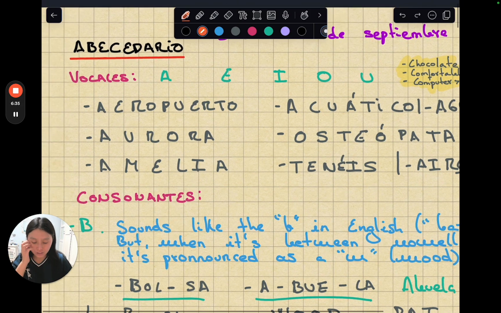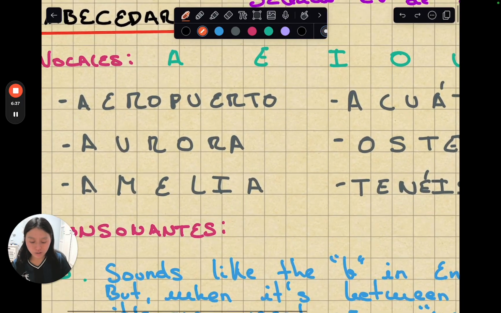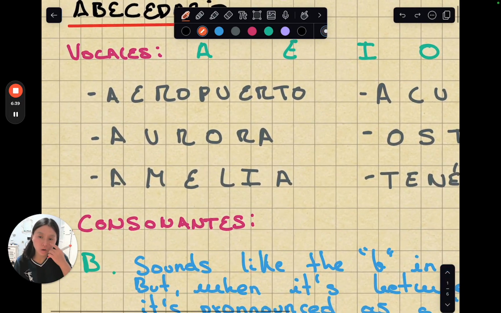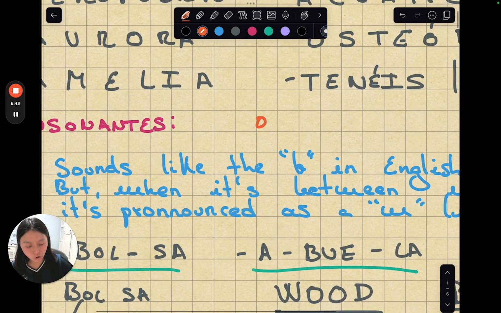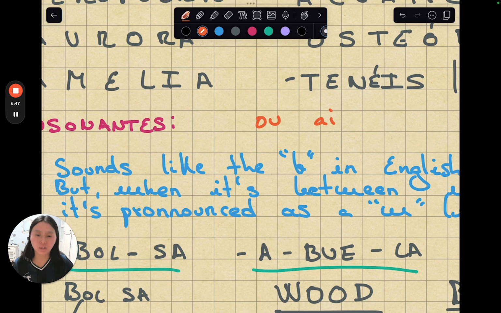So here's the thing. In Spanish, whenever we have a lot of vowels together, we don't pronounce anything weird. Like, for example, in French, whenever you have the O and the U, you have to pronounce U. Whenever you have the A and the I, you have to pronounce E. This doesn't happen in Spanish. In Spanish, we would just go letter by letter.